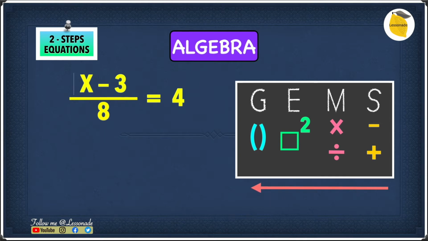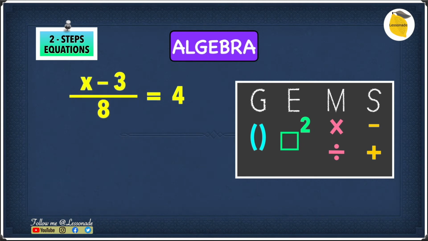And we all know that x minus 3 and 8 are groups. But if you notice, x minus 3 is actually being divided by 8. So that means we have to undo this 8 first, because division is higher up than groups.